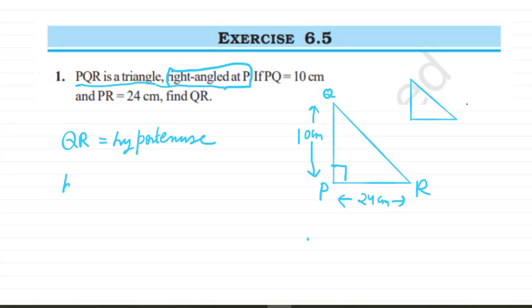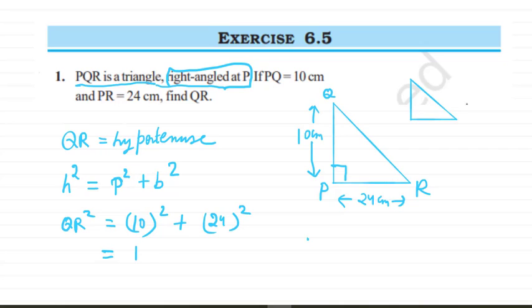So I've told you the relation: the hypotenuse square is equal to perpendicular square plus base square, and perpendicular is also known as the height or altitude. So here your h is QR. So QR square will be equal to p square, which is 10 square, and b square, which is 24 square.